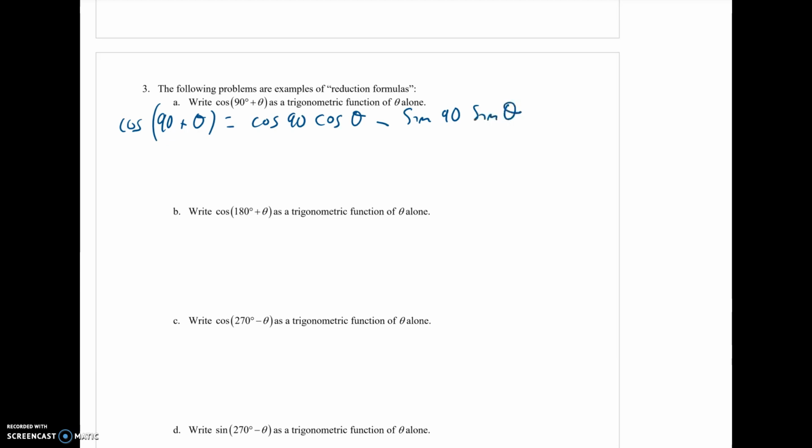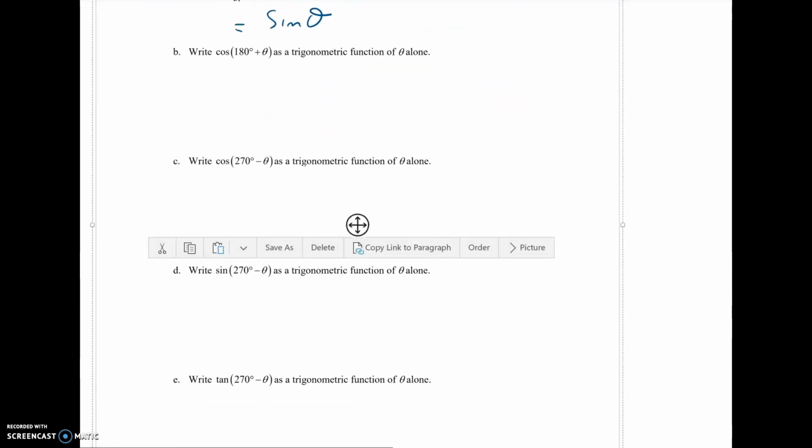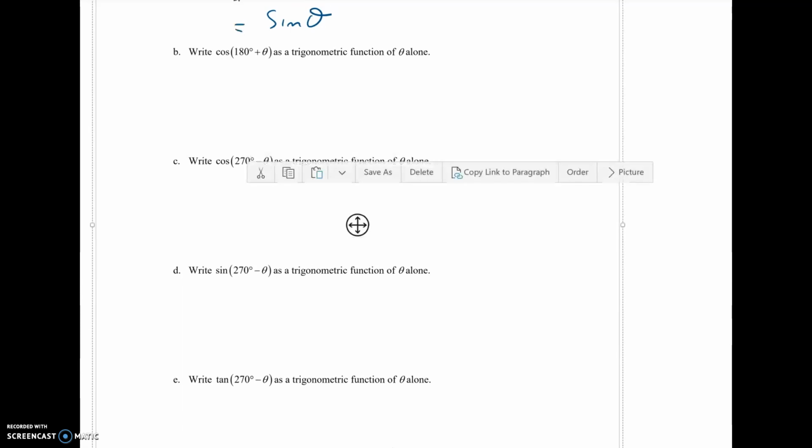You know that cosine of 90 equals 0, so you get 0 multiplied by cosine of the angle, minus sine 90. You know that sine 90 is equal to 1, multiplied by sine theta. Therefore, you end up with negative sine theta. So I'm asking you to do the same thing with B and C, and let's work together on D.